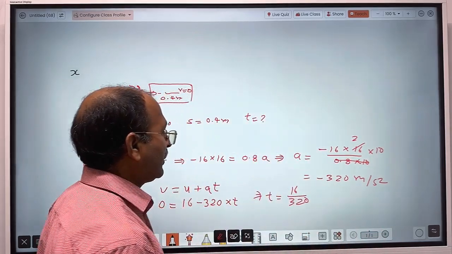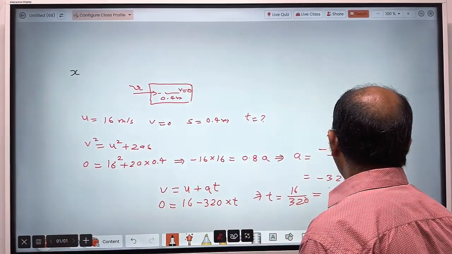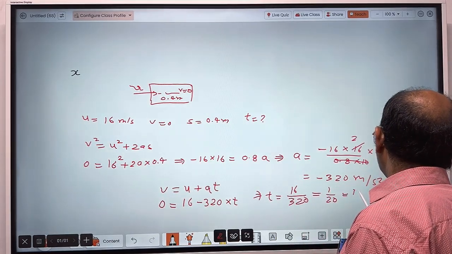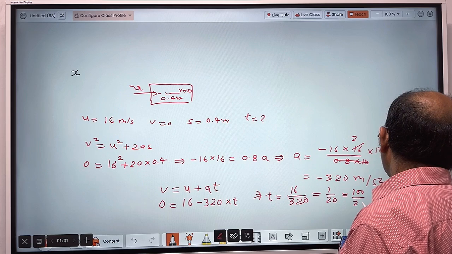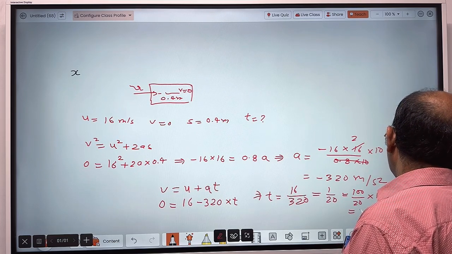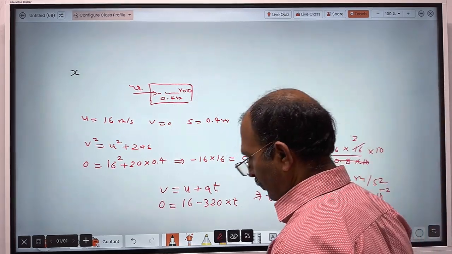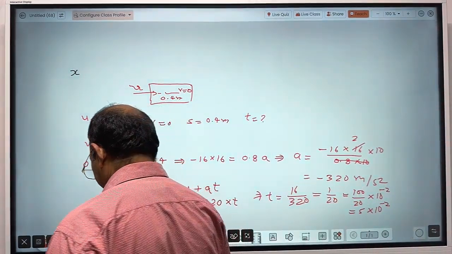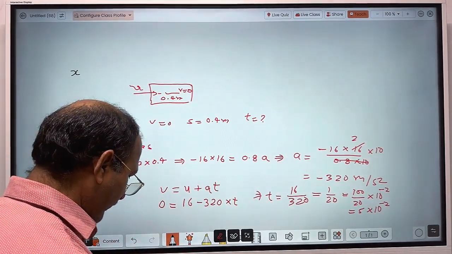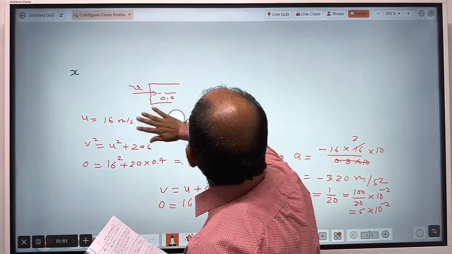So 16 divided by 320 will give 1 by 20, or 100 by 20 into 10 to the power minus 2. So 5 into 10 to the power minus 2, or 0.05 second. So that is our answer. Now let's take some more questions.